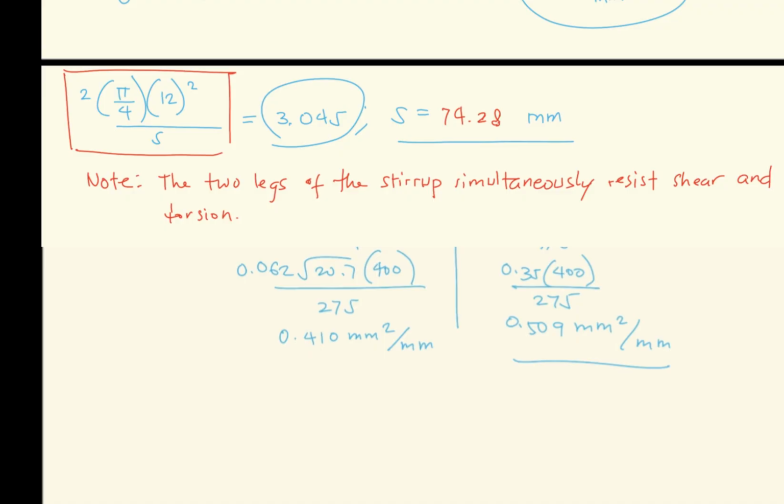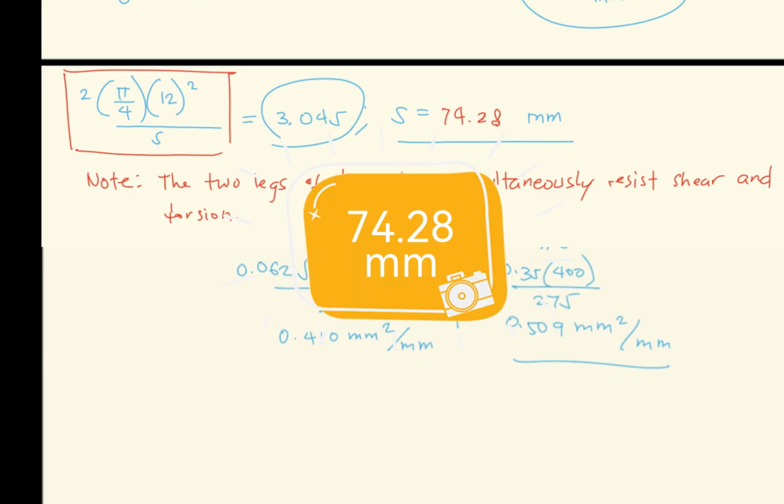Okay. So the spacing, if there is a combination of shear and torsion, would be 148.55 millimeter.